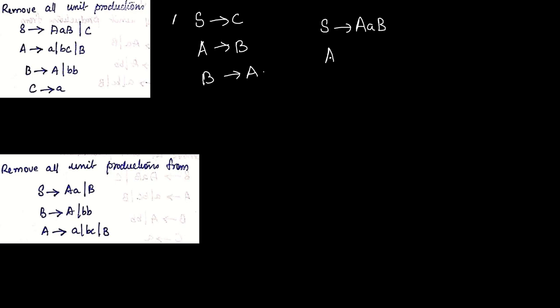Then A gives A or BC. Then B gives BB. C gives A. So from this you have to find out the substitution. C gives A, so instead of S gives C, you can write A over here.